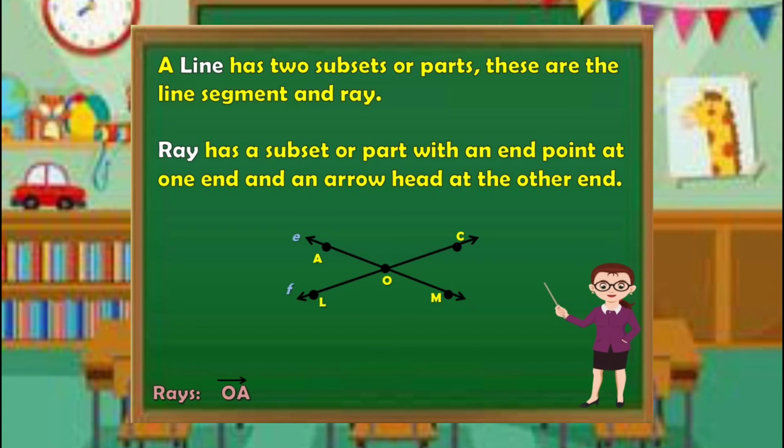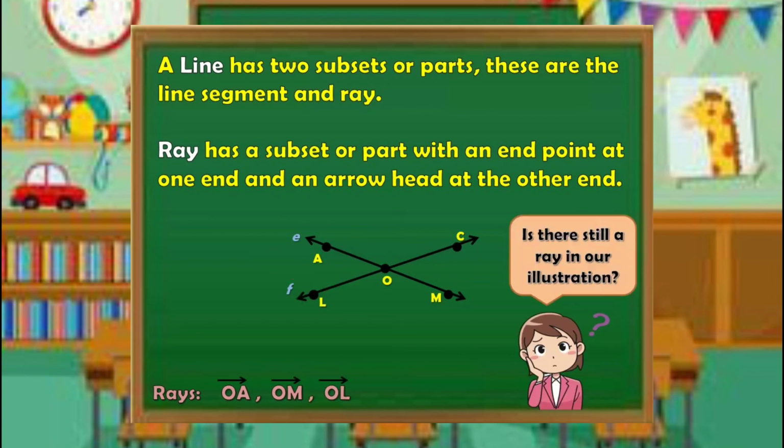Another example, from point O, which is our endpoint, to point M, which is our arrowhead, we form ray OM. Put a ray symbol above it. Note that in a ray, the letters cannot be reversed. Apart from this, from point O, our endpoint, to point L, our arrowhead, we have formed ray OL.